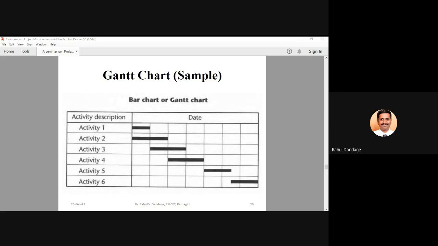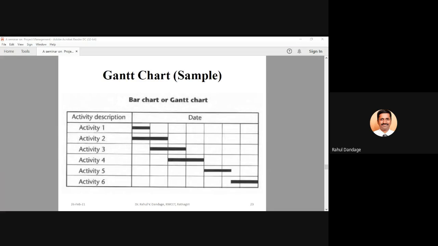So unless and until activity 1 is finished, activity 3 cannot be started. That might be the situation because the activities are not given in detail, simply they have given the numbers. But looking at the diagram, any person will be able to understand that activity 3 cannot be started unless and until activity 1 is finished.